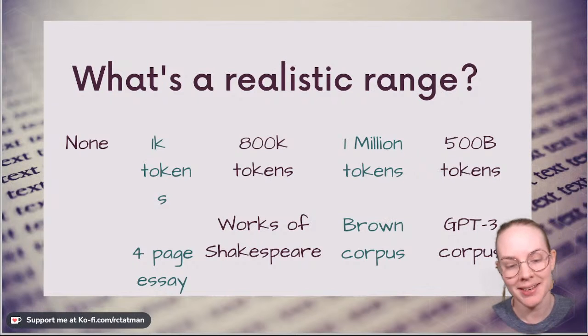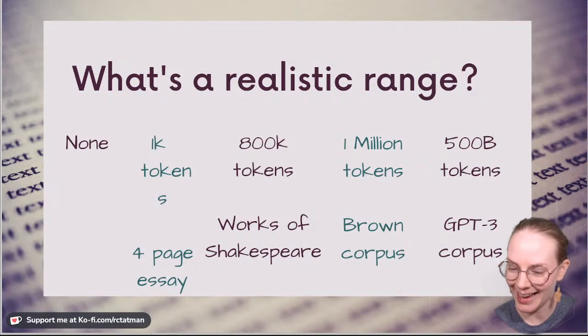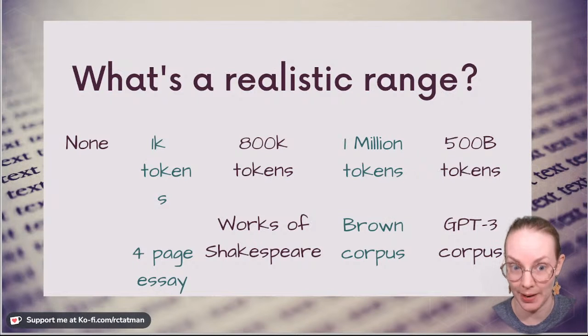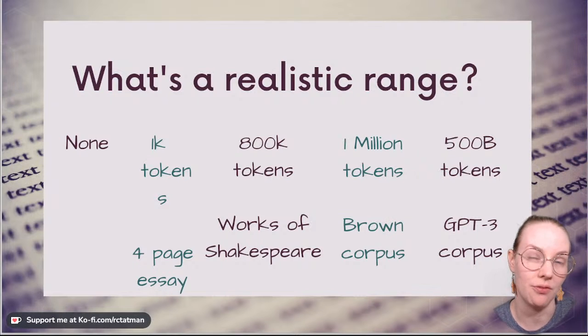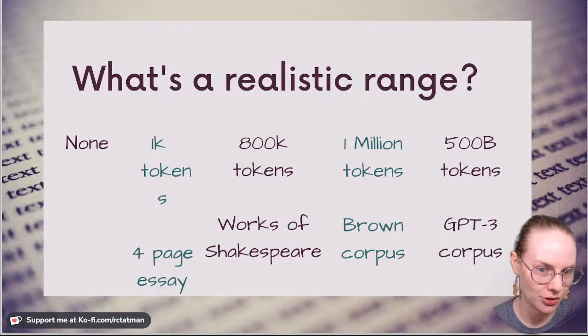And then in the middle, there's a lot of room, right? Just for your reference, 1,000 tokens is about a 4-page essay that is double spaced. 1,000,000 tokens is the rough size of the Brown corpus. If you've been in NLP for a while, you'll be familiar with the Brown corpus if you work on English. Very widely used corpus.